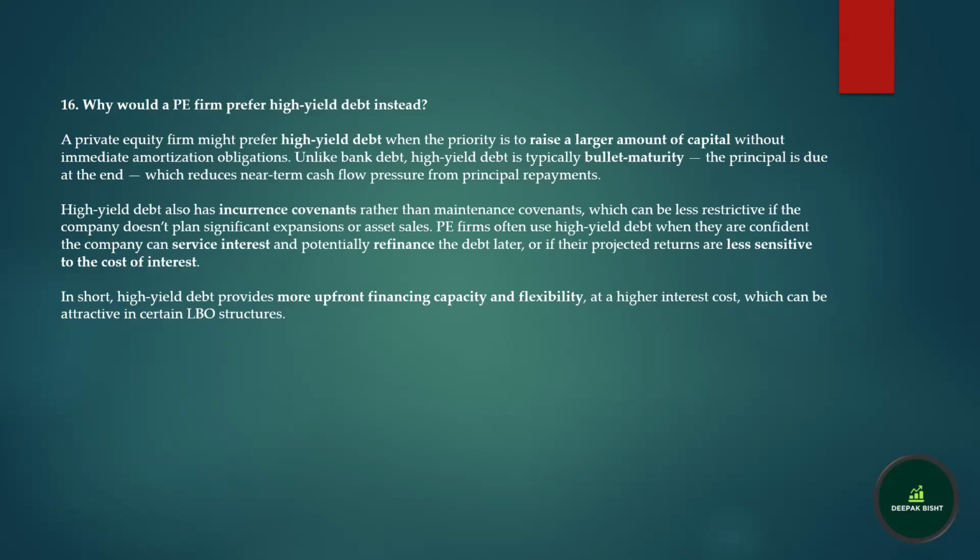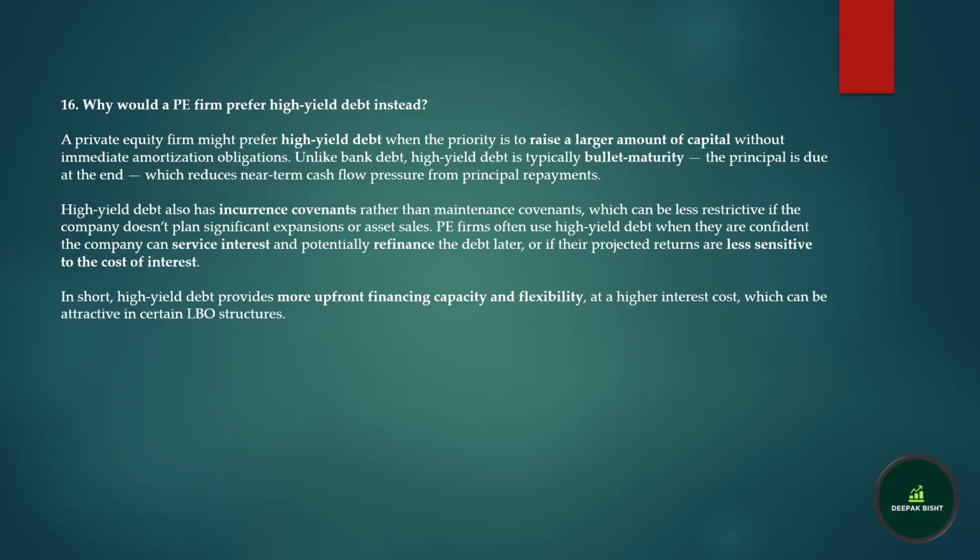So this could be one reason. By not having to make principal payments until maturity, the company retains more cash for operational needs, or for paying down their obligations. So this is one point where high yield debt is preferred over bank debt.